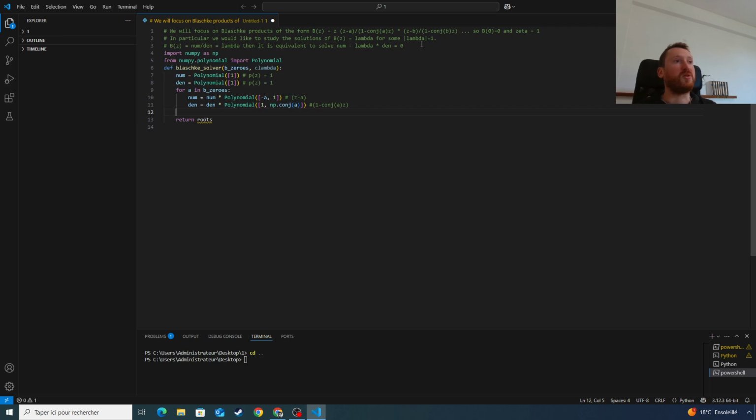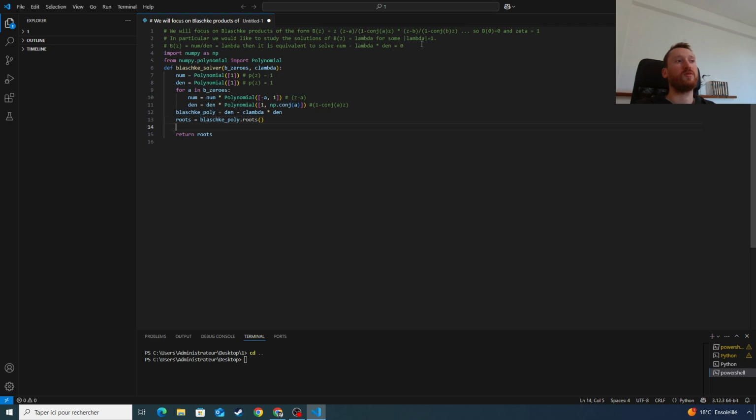Now we construct our polynomial. blaschke_poly is equal to numerator minus c_lambda times denominator, and we compute the roots. So blaschke_poly.roots() is equal to roots.